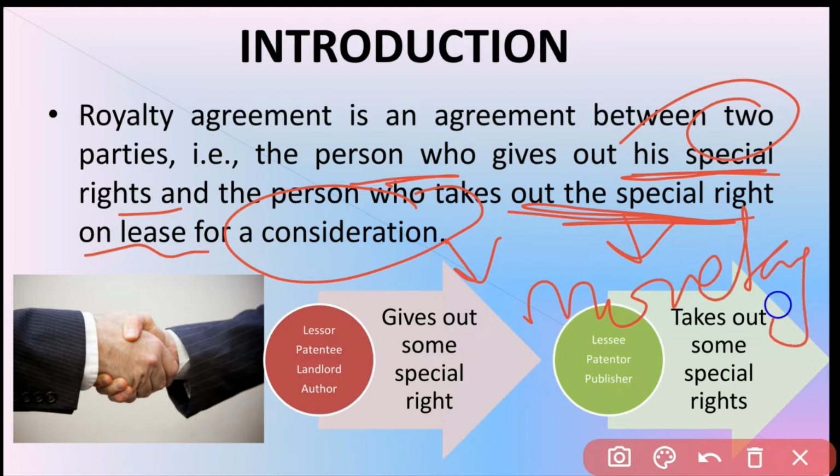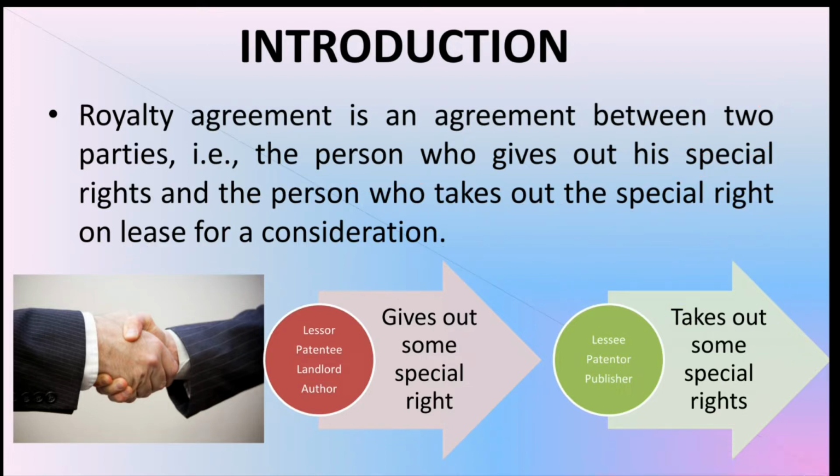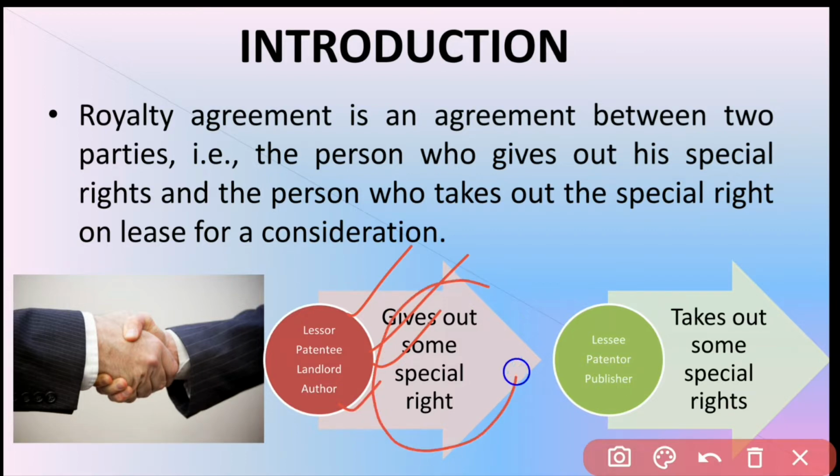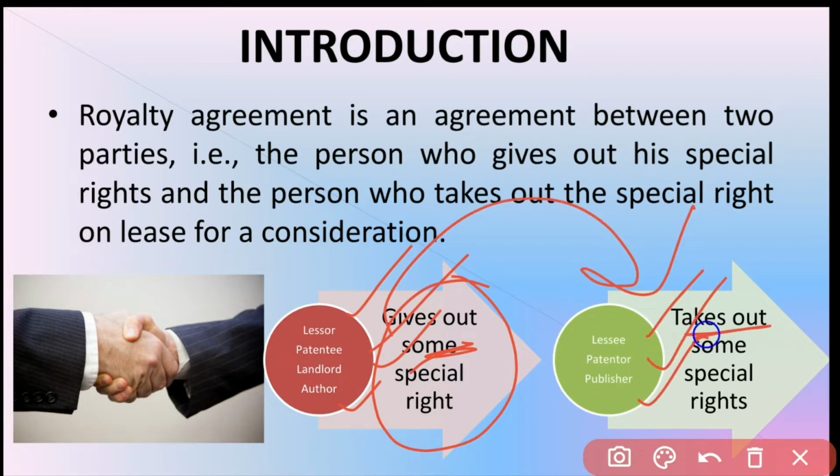So over here we have two parties. The first one is the lessor, patentee, landlord or the author who gives out certain rights. And on the other side, the second party is the lessee, patenter, publisher who takes some special rights from this party. Is that clear?